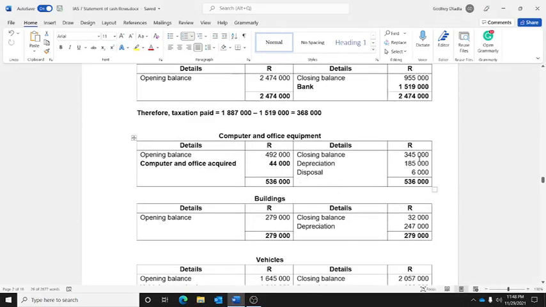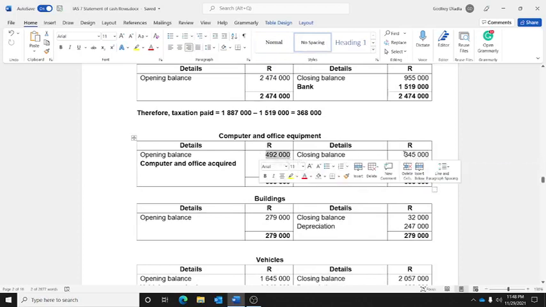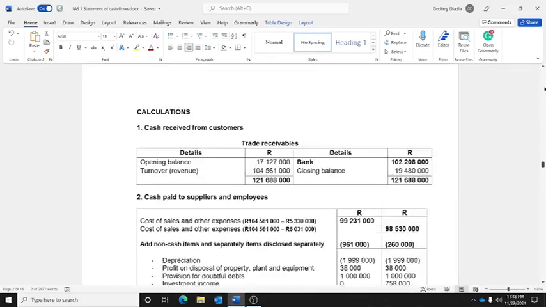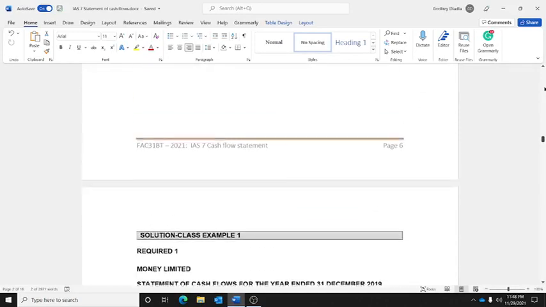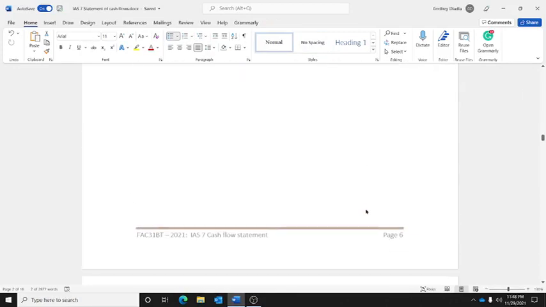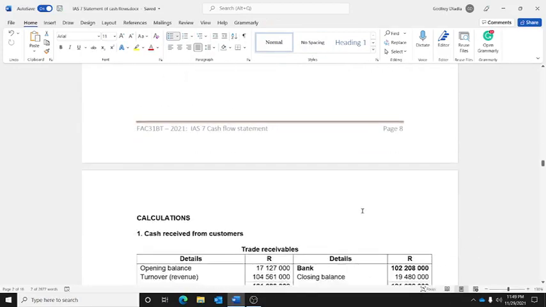We've got the opening, the closing, and the depreciation. Why am I saying 6 there when I think I was saying 8? Let's go back. Computer, with a carrying amount of 6. Oh, the other one is a vehicle, the 2,000. So it doesn't affect us in that account of computer equipment and office. So the 6 is for computer equipment.